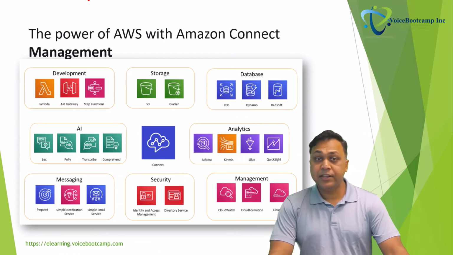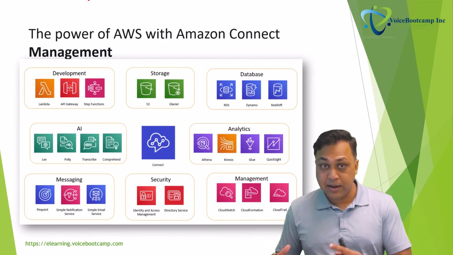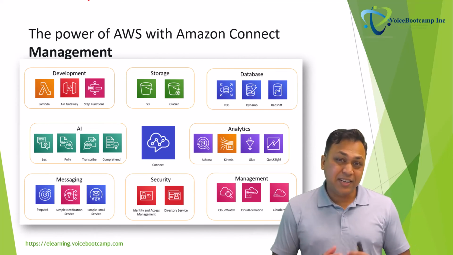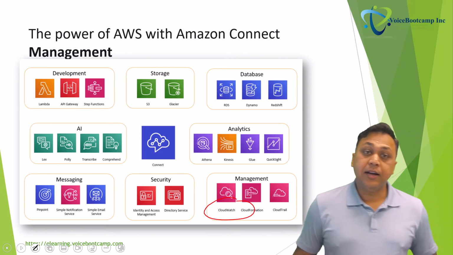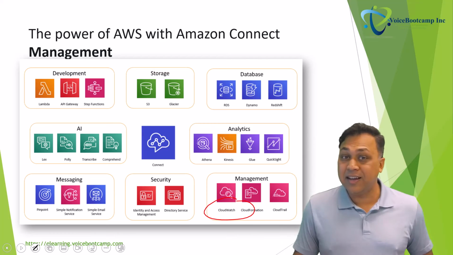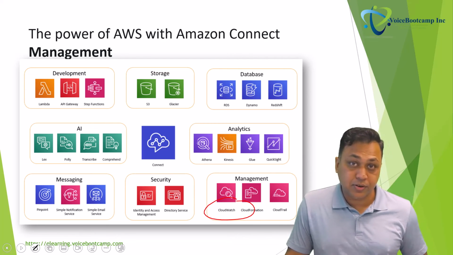Now, when it comes to management, Amazon Connect is managed mostly through the Amazon Connect portal. But in addition to that, you could use things like CloudWatch in order to collect logs, service metrics and performance metrics for your Amazon Connect.